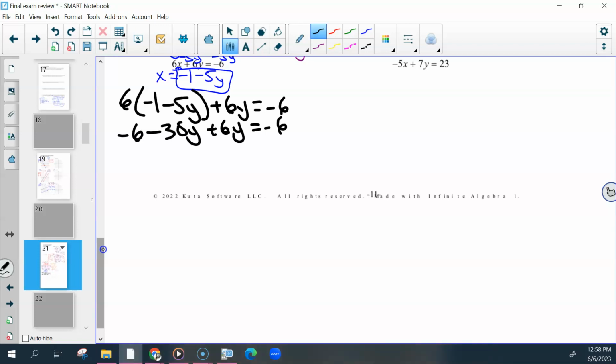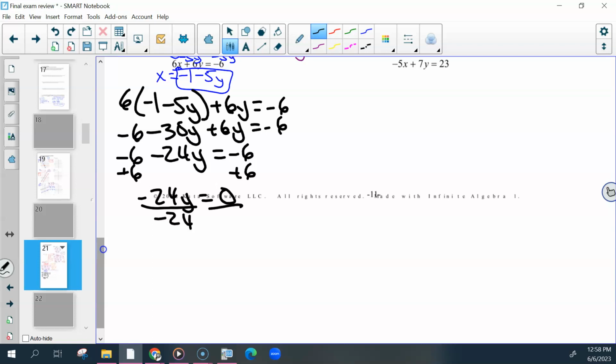Combine your terms so you get negative 24y. Add 6 to both sides. And keep going. Even though it's equal to 0, you can still keep going. So that y is 0. Once you find y, go back and find x.